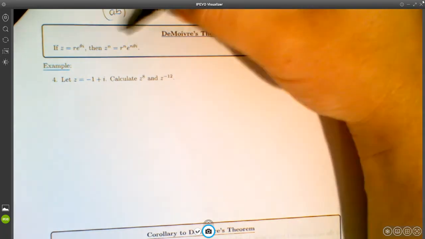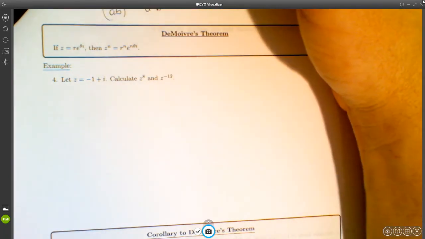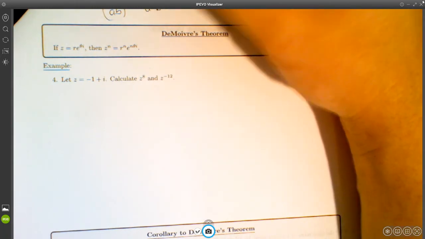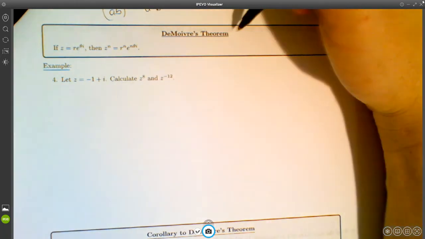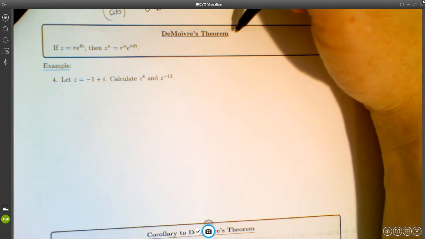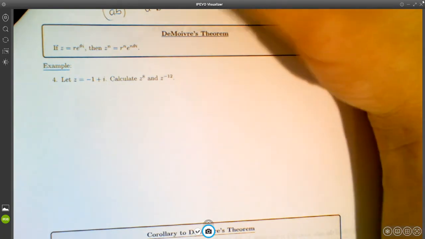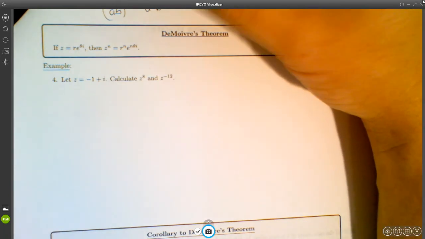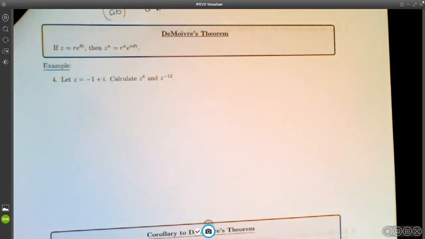The problem is e to the theta i is not necessarily a real number, right? And so we can't take it for granted that this relationship holds. But what de Moivre's theorem tells us is that it does, right? That this relationship is still true. Exponents still distribute even across complex numbers, which is good to know.